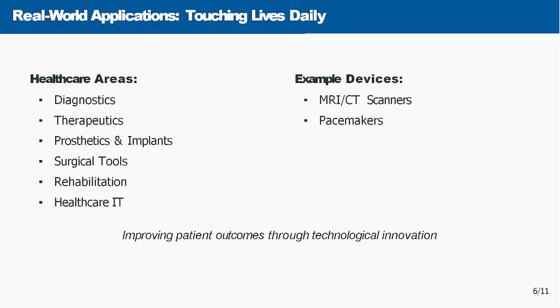A pacemaker is, for your information, an artificial device which will generate the signal to activate the heart pumping action. Prosthetics and implants, so artificial joints are the examples. Surgical tools like surgical robots or robotic hands.